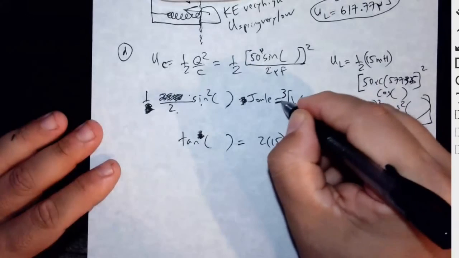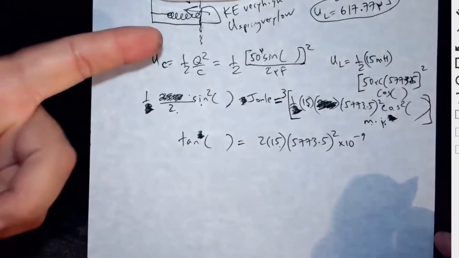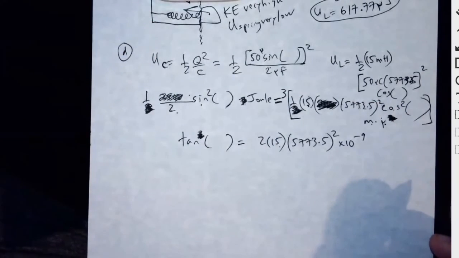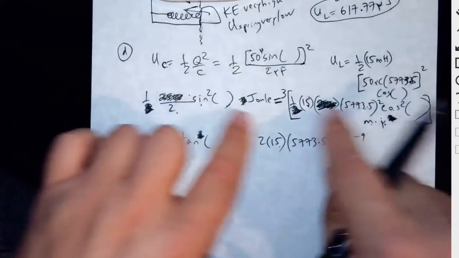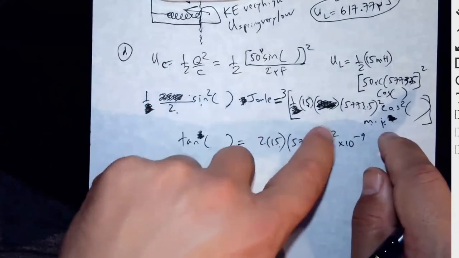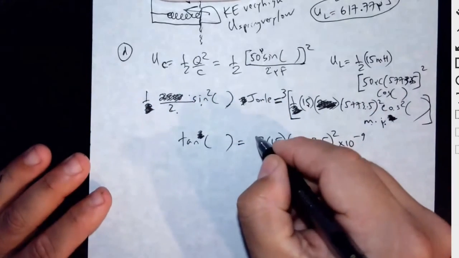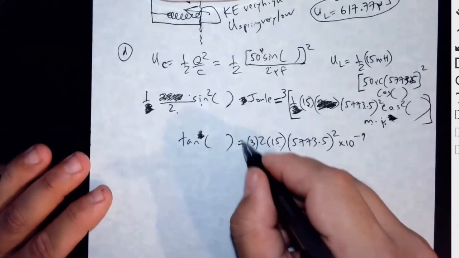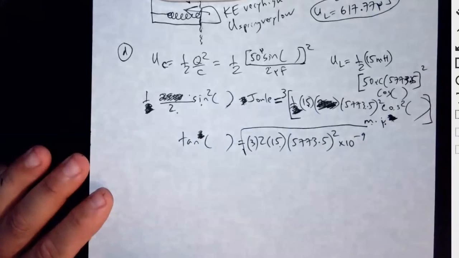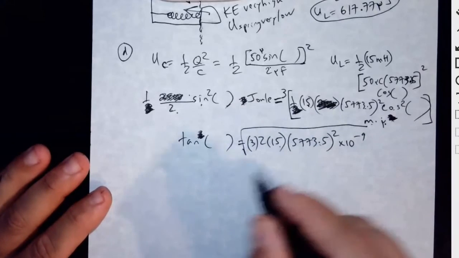Yep, that's right. So you have to look at the condition that the question is asking, and then impose that condition. If it said when are they equal, then of course I would do that. If it's 3 times, then I have to put that. So then you have an extra 3 here. Okay, then I'm going to take the square root of this. So this can come out of the square root.